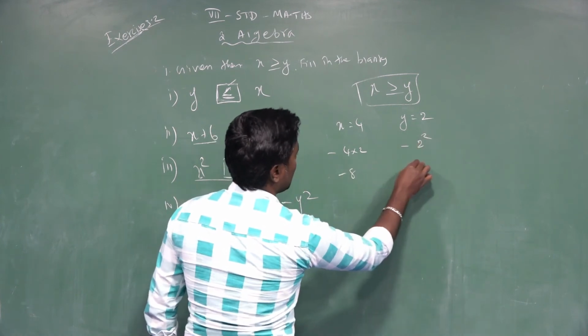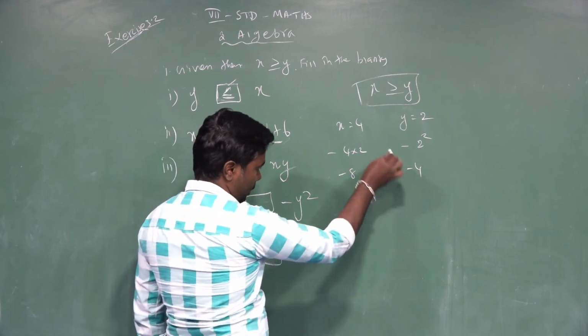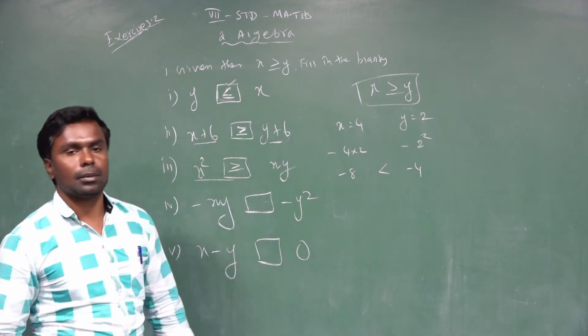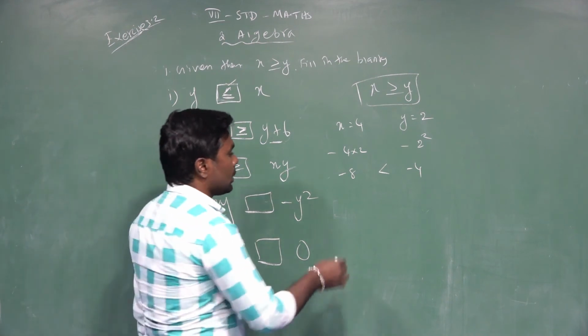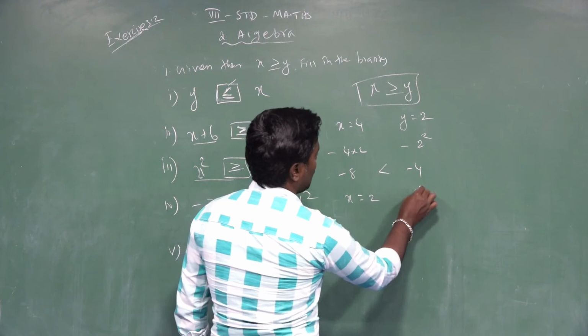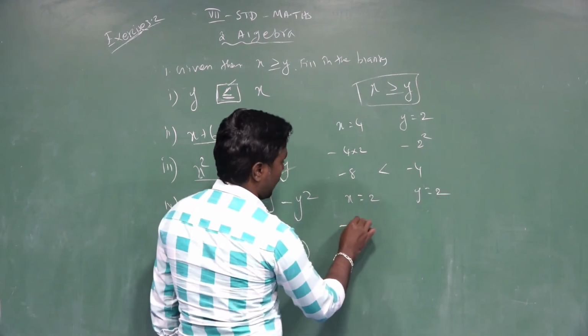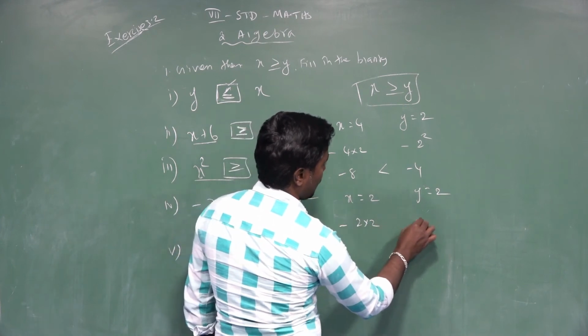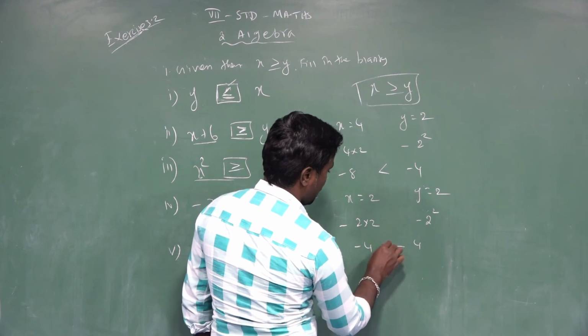Here minus 8 and minus 4, which is the greater number? Minus 4 is the greater number. Again we take x is 2 and y is 2. So minus 2 into 2 minus 2 square, so minus 4 and minus 4. So this is equal.